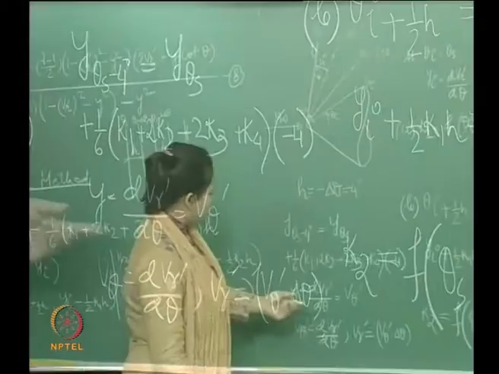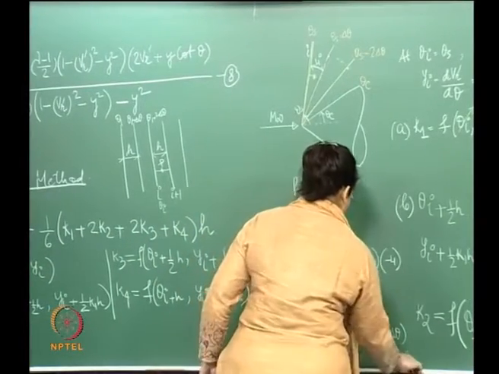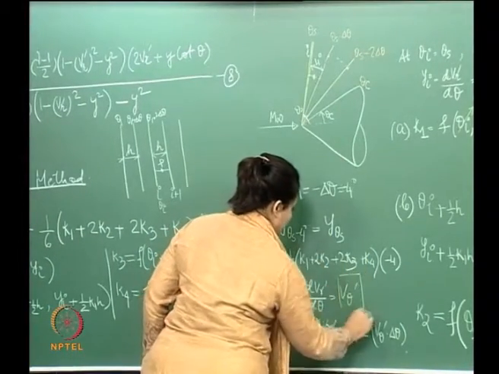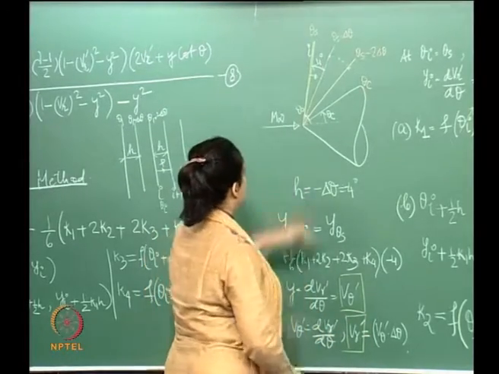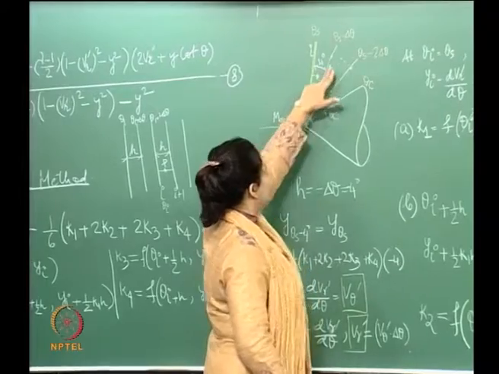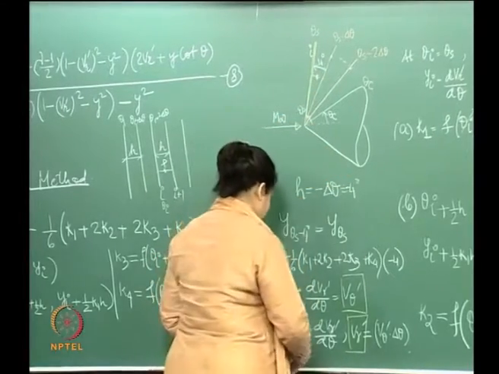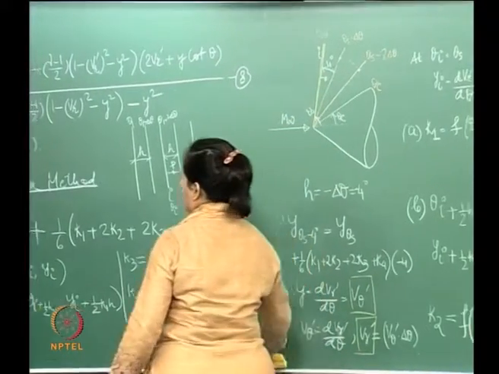Once we do this, we know V theta dash and V r dash at this particular radial line. So, what else is there to do?